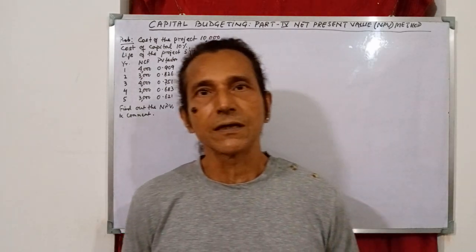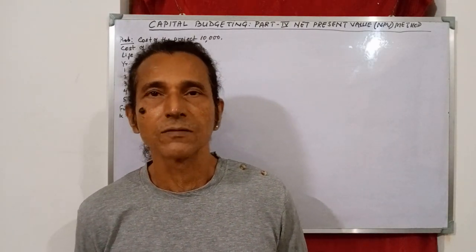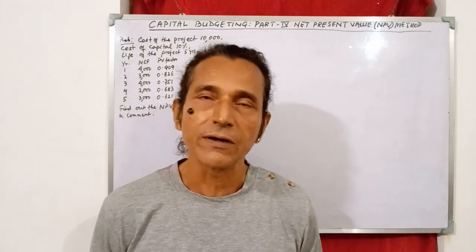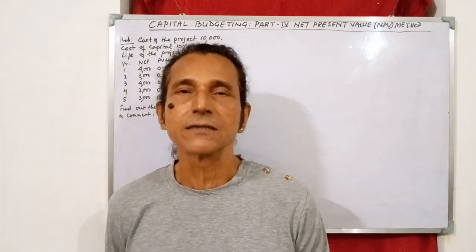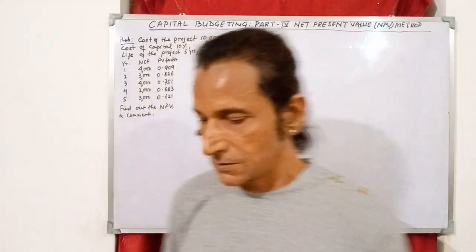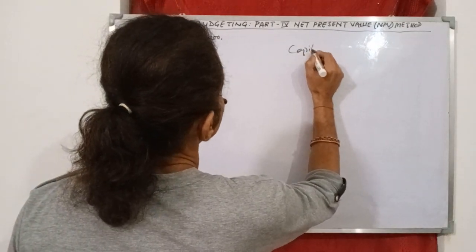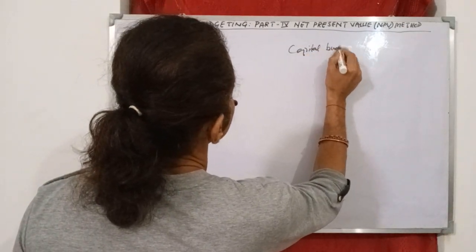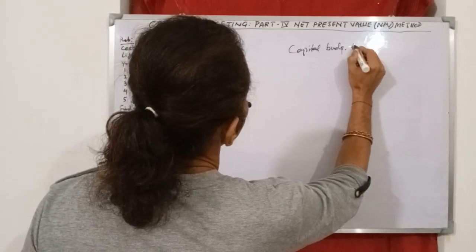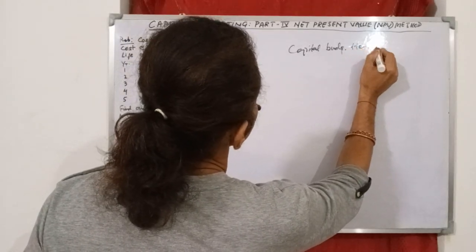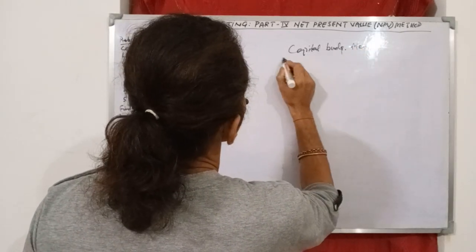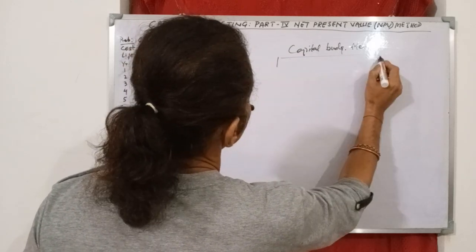Now, capital budgeting can be done broadly in two methods. One is non-discounted cash flow method and the other is discounted cash flow method. So, capital budgeting methods, we have broadly two categories.